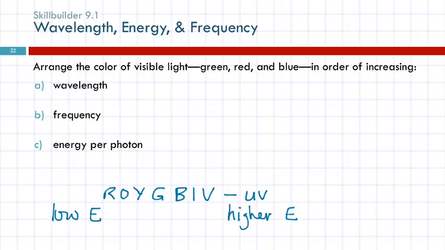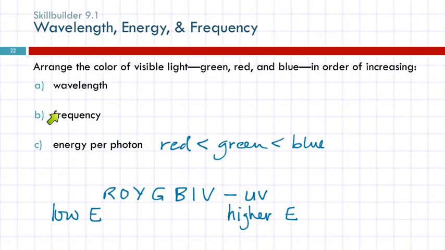So we're looking for red, green, or blue, which is the lowest energy? Well, red is the lowest energy. So when we're listing these, red is the lowest energy. And I'm going to use greater than, less than signs to just be more clear. What's next, green or blue? Green. Green is higher in energy than red light, and blue is higher in energy than green. Any questions?